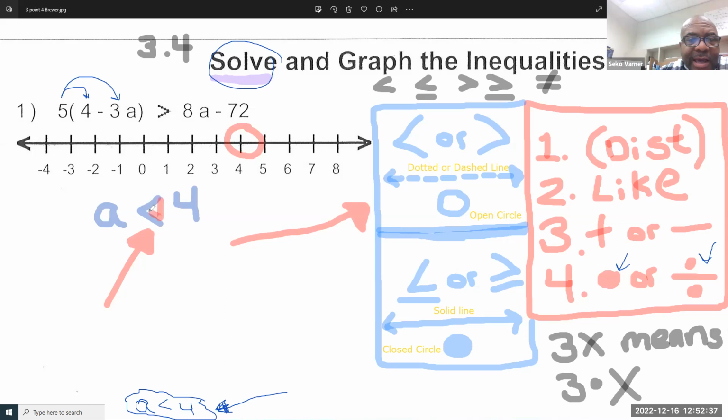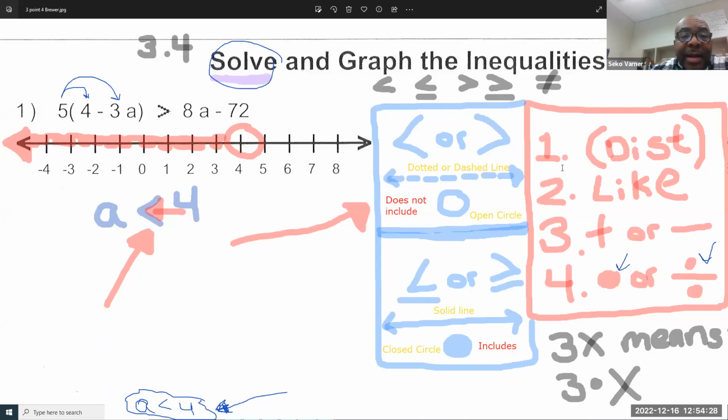This is kind of like an arrow. All right, so the arrow says we're going to shade this way. And if we were drawing the line, we would draw a dotted line, but we're not drawing the line right now. All we're going to do is shade. So we put the open circle on 4, and we shade in this direction. Why? Because that's the direction of the arrow or the inequality. See how that worked out?